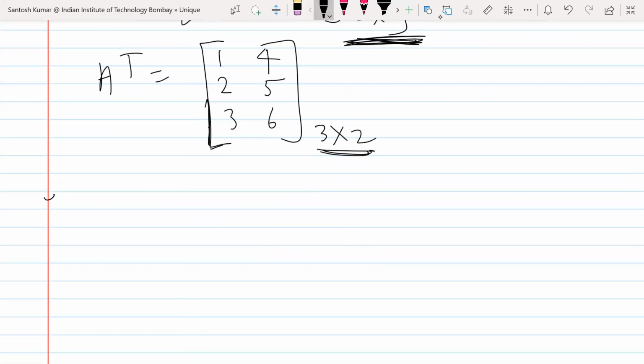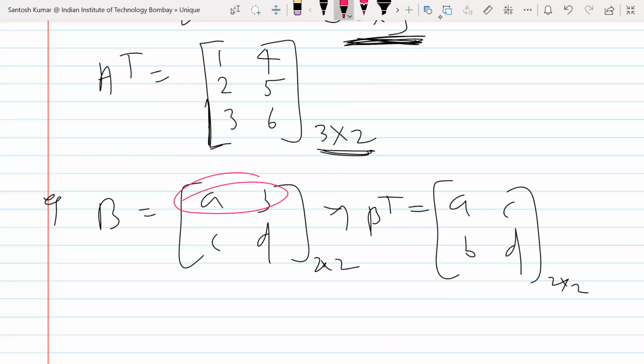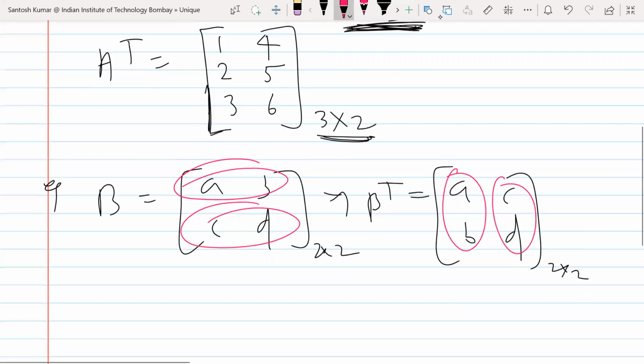Similarly, suppose I have B like A, B, C, D. So what will B transpose be? It is 2 cross 2, so obviously it will be 2 cross 2 only. A, B, C, D, interchanging rows and columns, row interchanged into column.